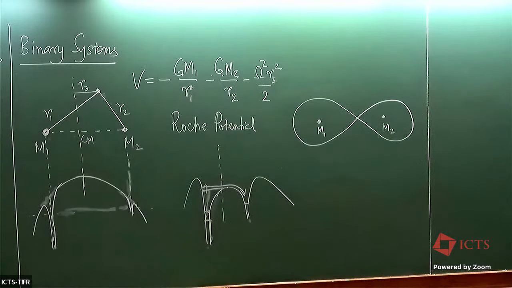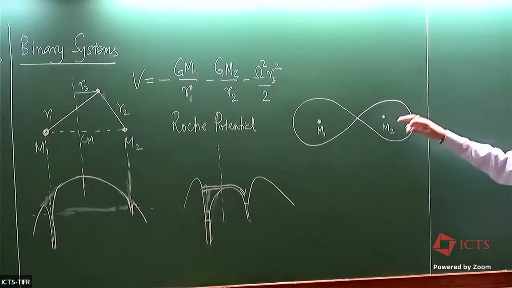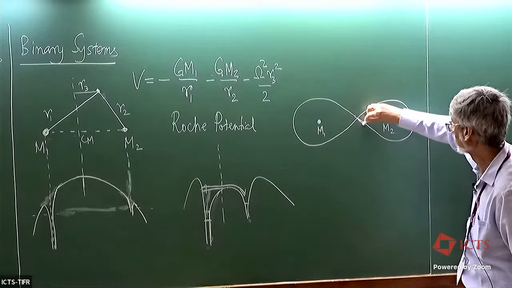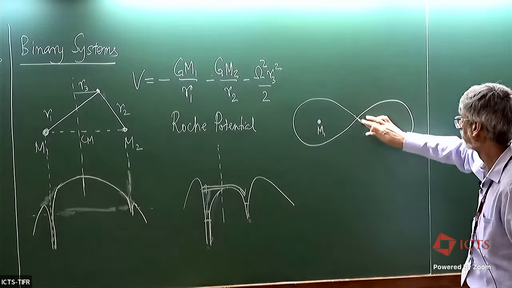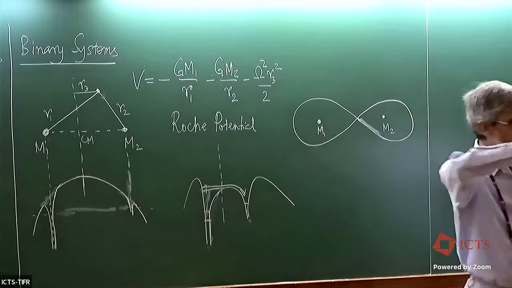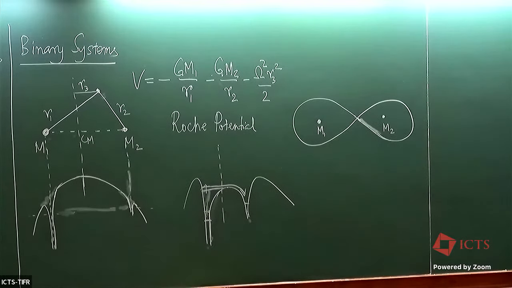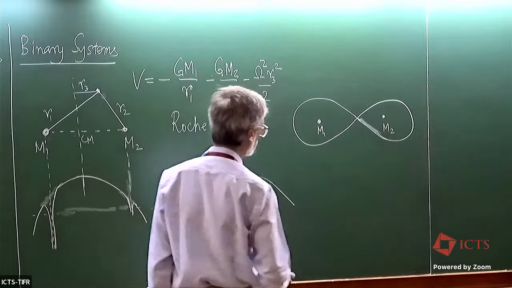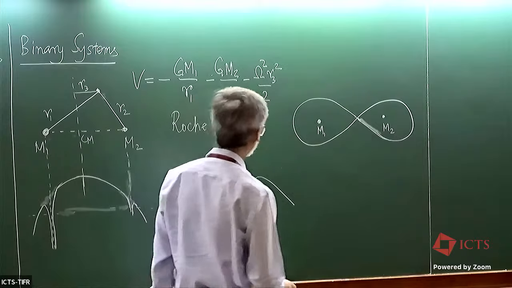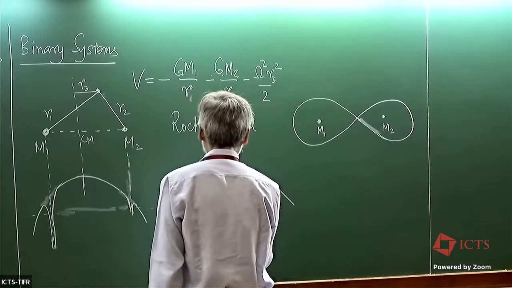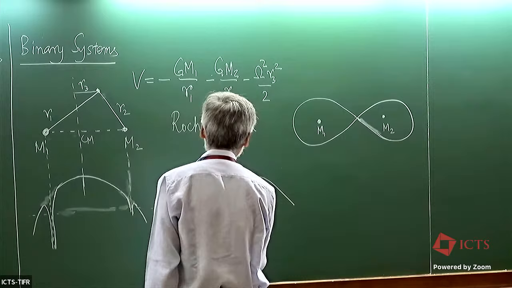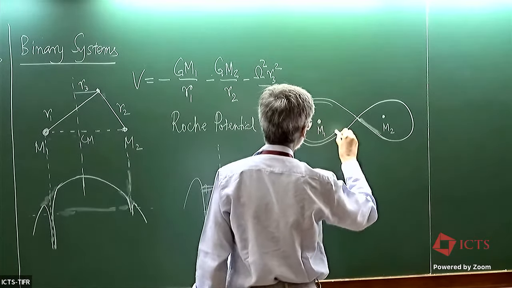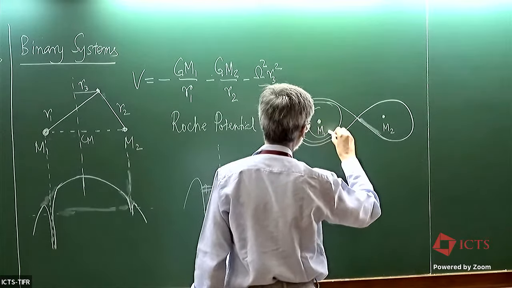If I draw equipotential for that value of the potential on the equatorial plane, then it will look like this. So this is a three-dimensional equipotential, you can think of that way. And this is the equatorial cross-section of it. The equipotentials which are inside this are centered on the star.